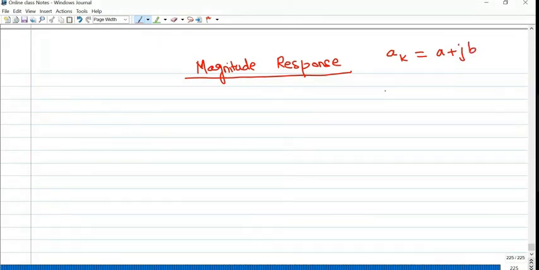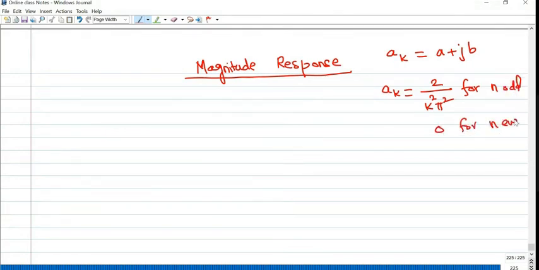But what is the answer for this particular problem? Our ak equals 2 divided by k square pi square for n odd, and 0 for n even. We also calculated a naught, which is 1 by 2. So in this example, the imaginary part of ak is 0.